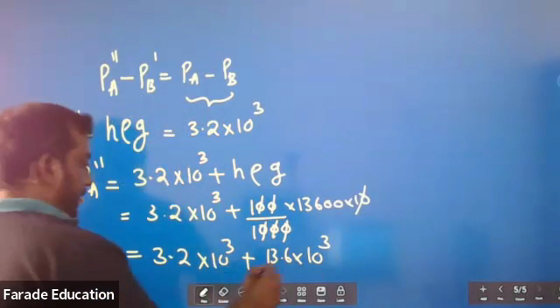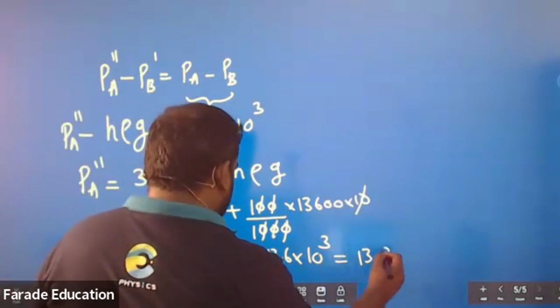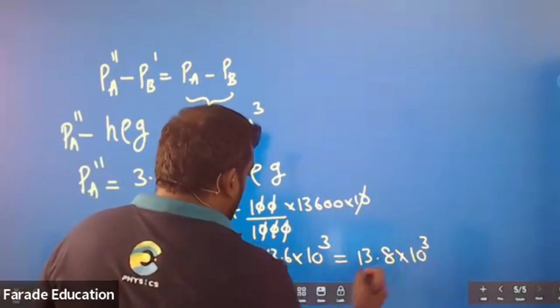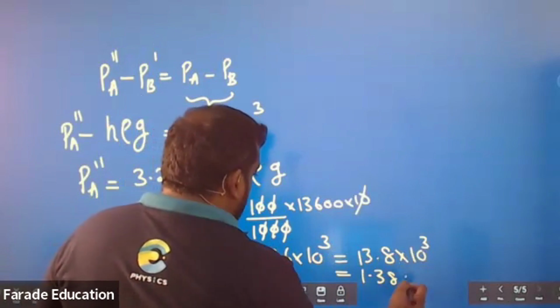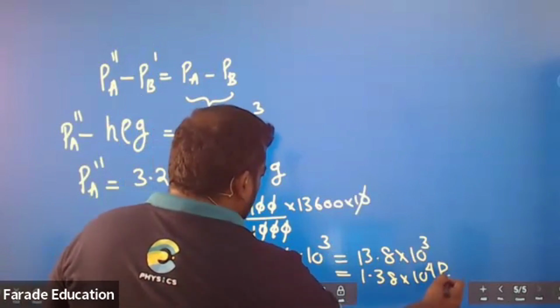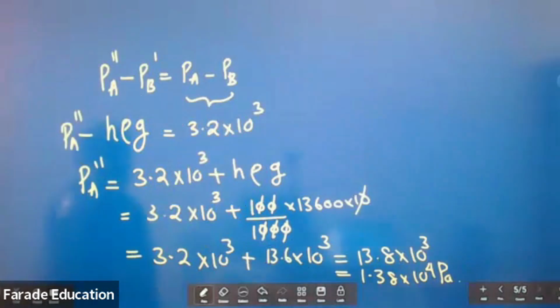If I simplify this, I'll get 13.8 times 10 to the power 3, or 1.38 times 10 to the power 4 Pascal. Okay? 1.38 times 10 to the power 4 Pascal. Right.